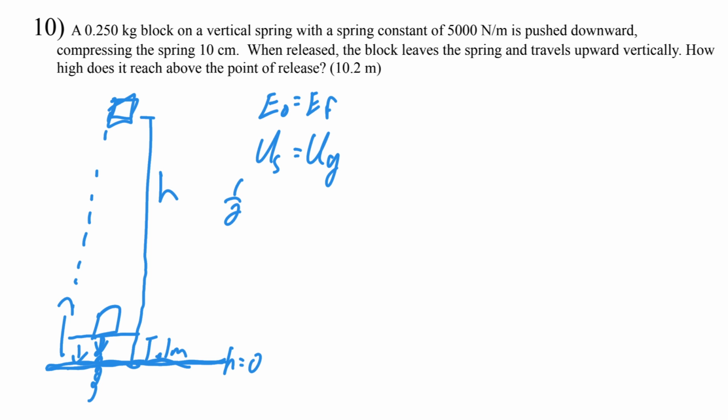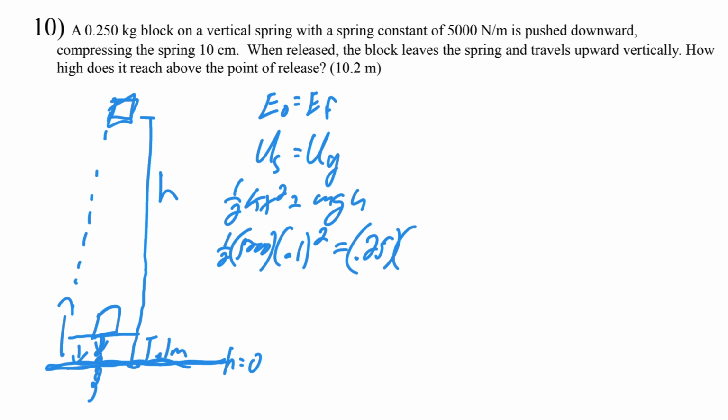So we're just going to go 1/2 kx squared equals mgh, and we'll go ahead and solve it. So 1/2 times 5,000 times 0.1 squared, since it was 10 centimeters, equals the mass of 0.25 times little g times h, and then we'll solve for h. All right, so I get an h of 10.2.